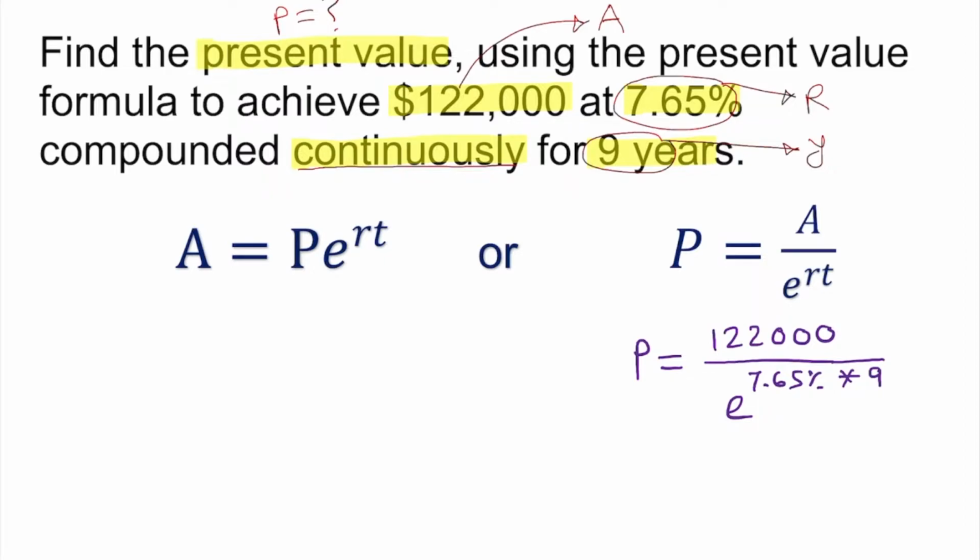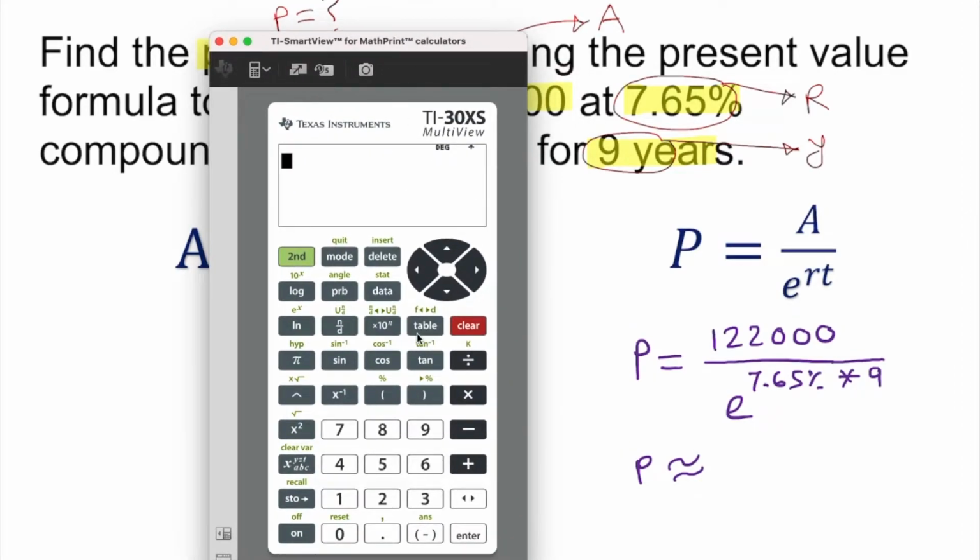That's it basically. So the present value is approximately, and we're going to use a nice little calculator. We can use the n over d template, or we can put down the parentheses, it doesn't matter. I'm going to show both: 122,000 on top, and going downstairs, e to the power.